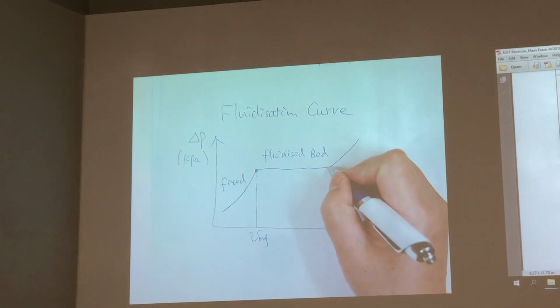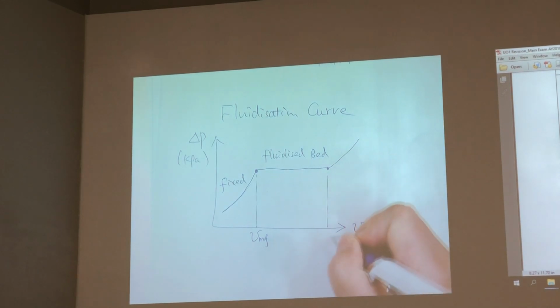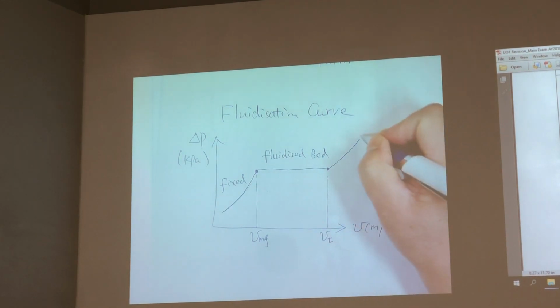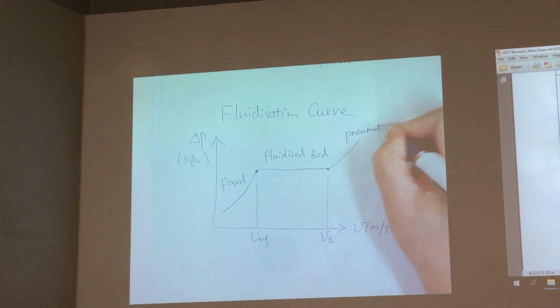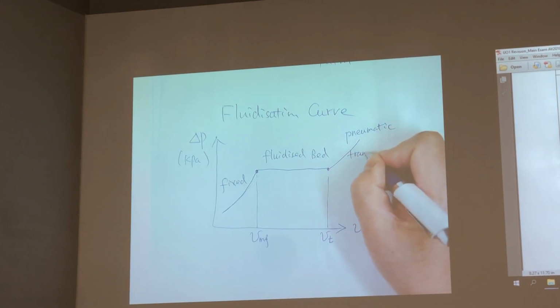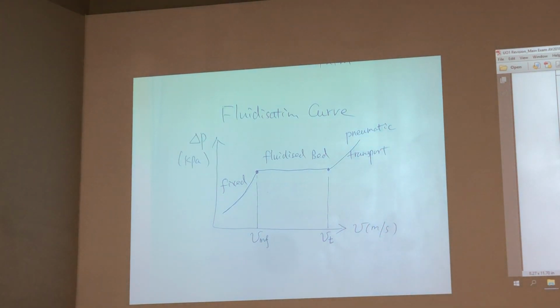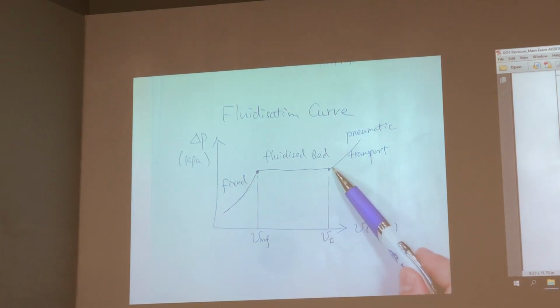Then finally, you have another point, which is the terminal velocity. So this is called pneumatic transport. Okay, so usually the fluidization will be this 2 period only. You cannot see this part.